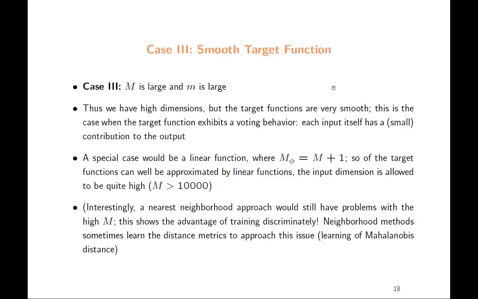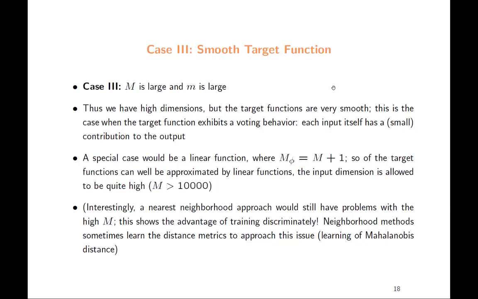If, for example, the target function exhibits voting behavior, each input has a small contribution to the output. Or in particular, if you consider linear functions, then m phi equals m plus 1, and target functions can be well approximated by linear functions, and the input dimension is allowed to be quite high, sometimes of the order of 10,000.